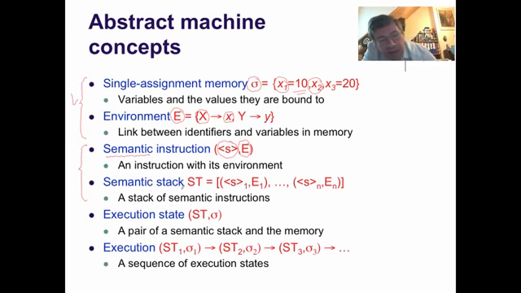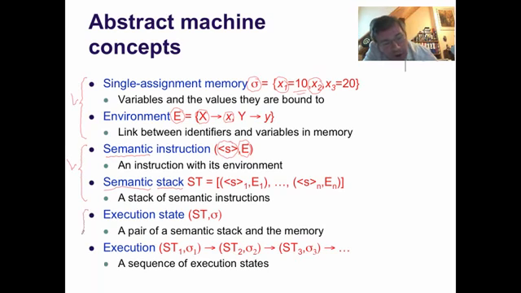In the execution, we need more than just one instruction. We will need a stack of these instructions, because maybe you do something and then there are instructions that are kept for later execution, and these have to be kept somewhere, so you need a semantic stack. That is the second part of the abstract machine, which are the instructions.